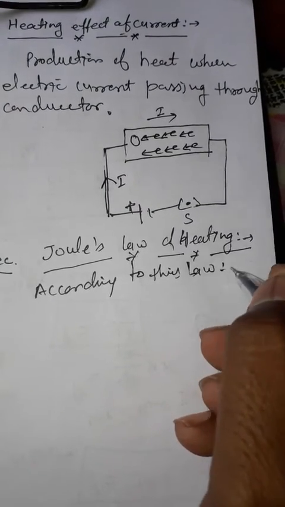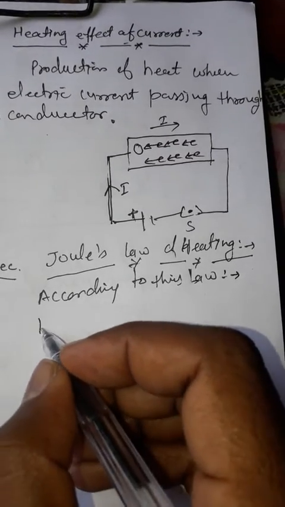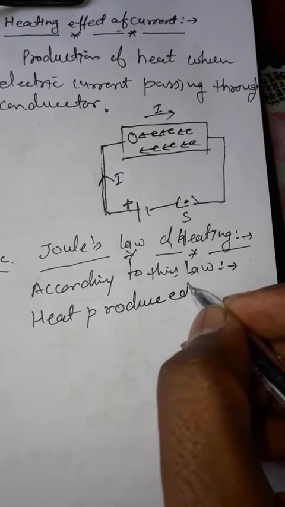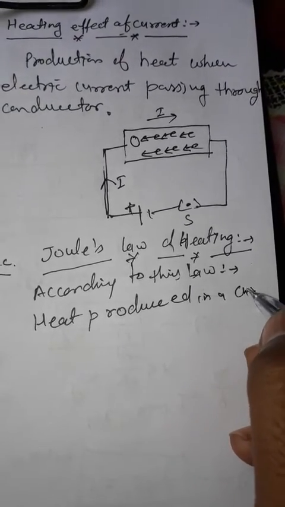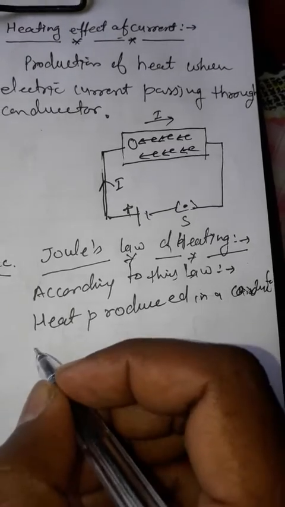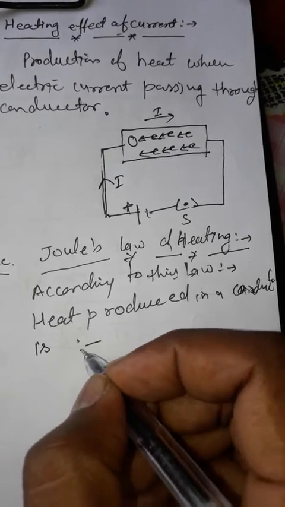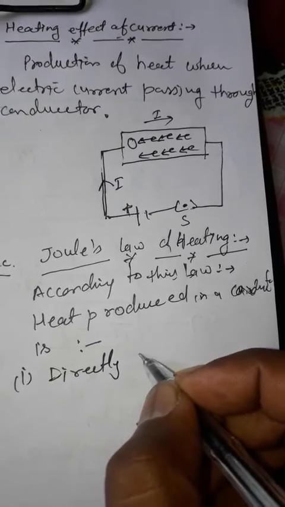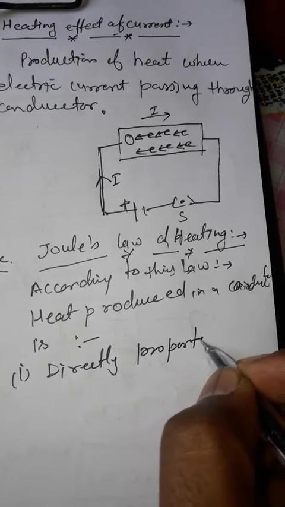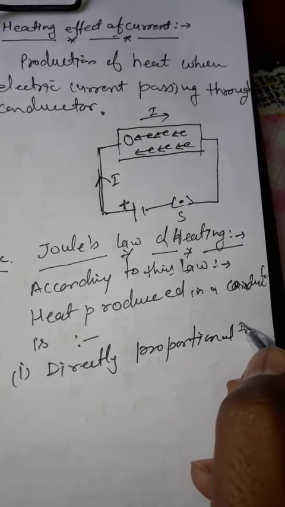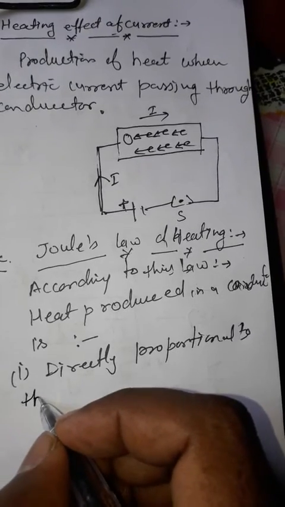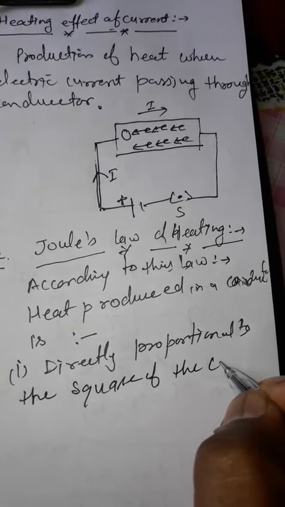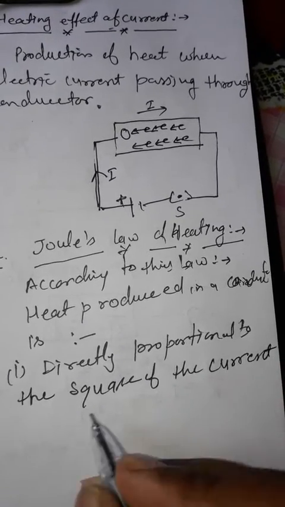According to this law, the heat produced in a conductor is, first one, directly proportional to the square of the current flowing through the conductor.